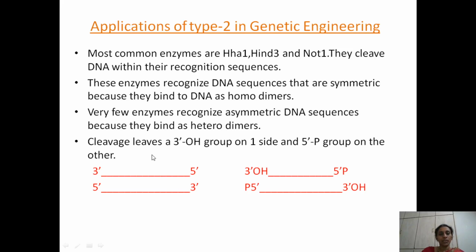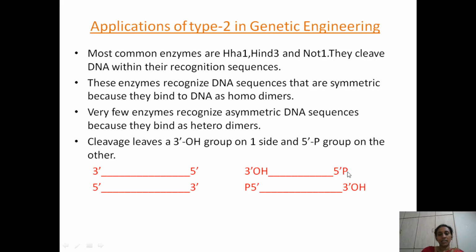Next, coming to cleavage. When we cleave or hydrolyze a DNA, the ends will be like this always. When we cleave towards the 3' end, the group that is present there would be a hydroxyl group, OH group. When we cleave towards the 5' end, the group that is present there would be a phosphate group.